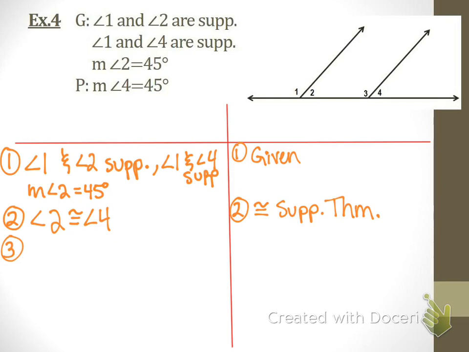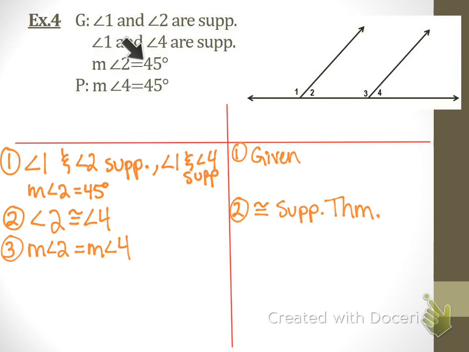So what do you think my statement's going to be? 45. We're not pulling in the 45 yet. The measure of angle 2 is equal to the measure of angle 4.